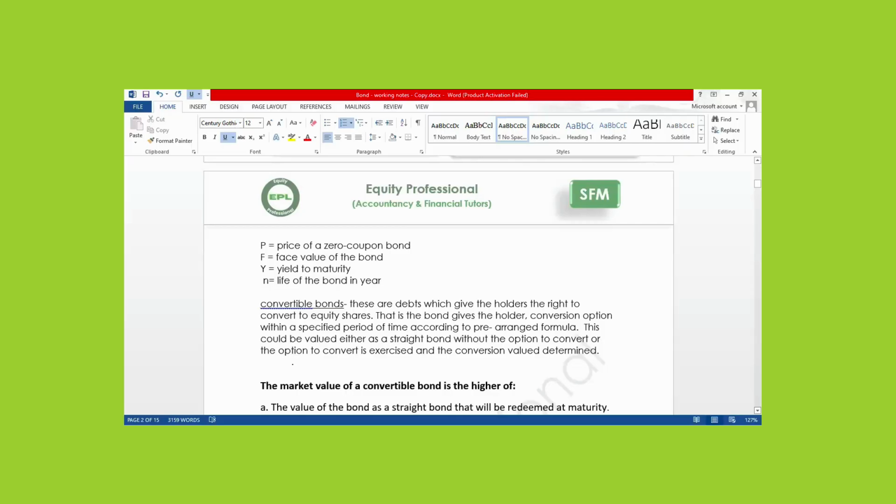The bond holders, the bond investors, are given conversion options within a period of time. You can convert your debt instruments to equity shares.